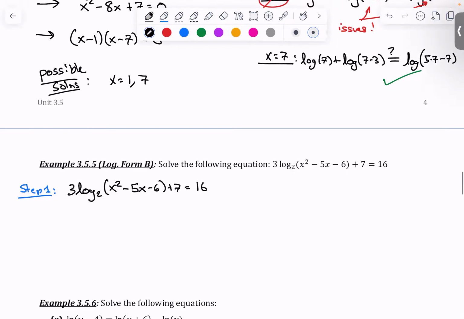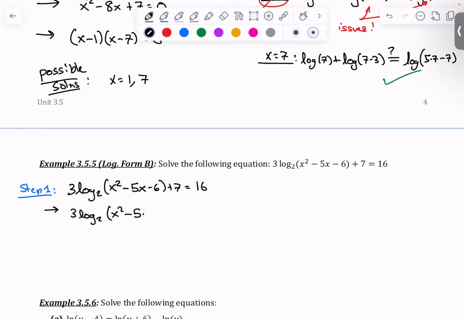I end up with 3 log base 2 of x squared minus 5x minus 6 is equal to 9. And then I'll divide by 3 to get that log base 2 of x squared minus 5x minus 6 is equal to 3.